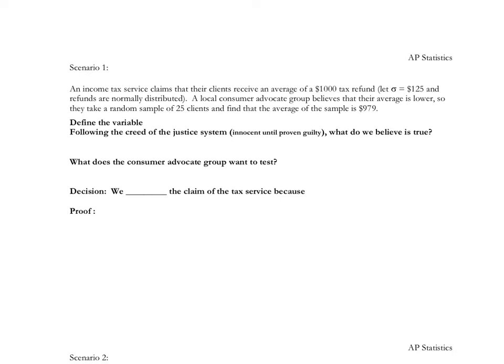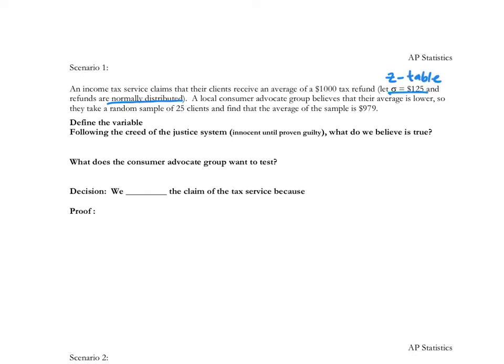Okay. So, a couple of things. These key points that they made, the fact that they're giving us sigma and it's normally distributed, should alert you that we may be able to use the z-table.